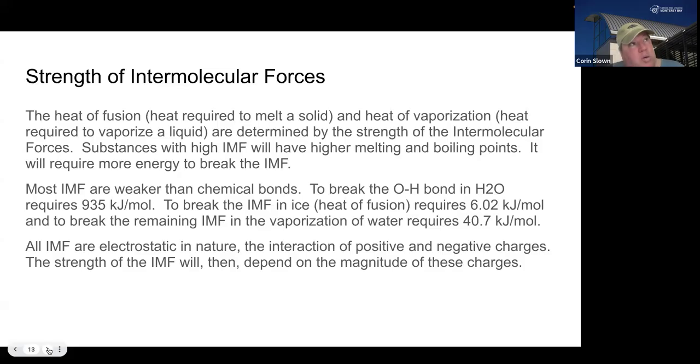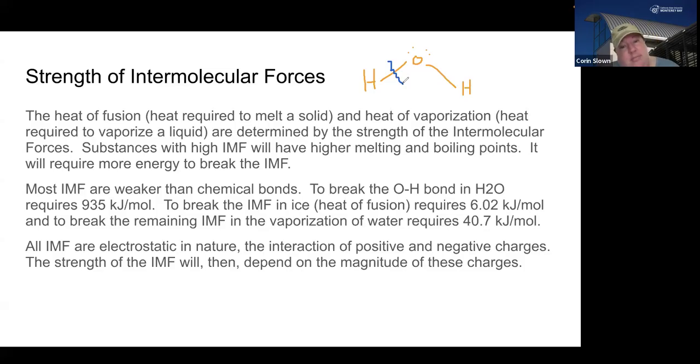Now, most intermolecular forces are weaker than chemical bonds. So for example, if you think about the OH bond in water, if I wanted to break this bond, in order to do so, I would have to put energy into my system. If that was the bond I wanted to break, I would have to pour in 935 kilojoules per mole.